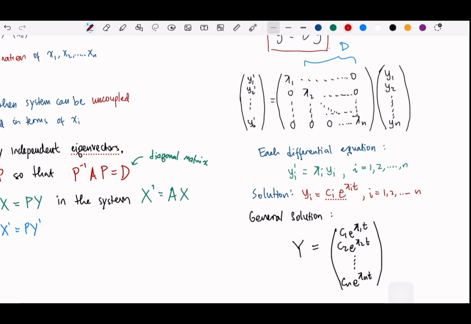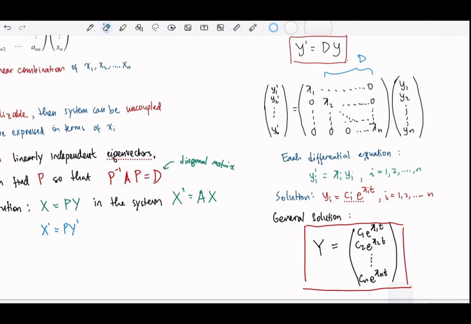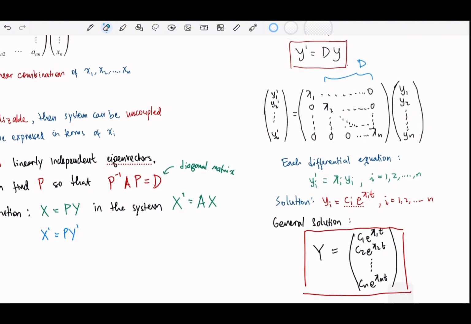So we get now our general solutions. So we can obtain the solutions for the system x prime equals Ax from this substitution x equals Py.